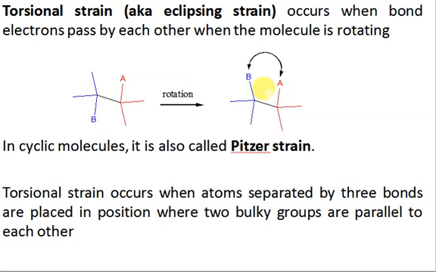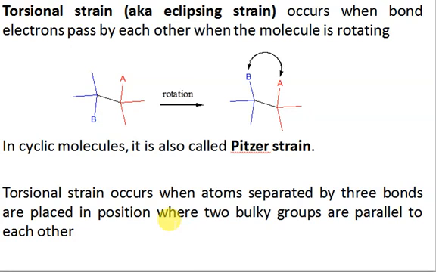In case you are considering torsional strain in a cyclic molecule, then this strain is known as Pitzer strain, right? The torsional strain occurs when the atoms are separated by 3 bonds, and they are placed in such a position that two bulky groups are parallel to each other. In case of steric strain, as we saw, the atoms must not be directly bonded, and they should be at least 4 bonds away from each other.